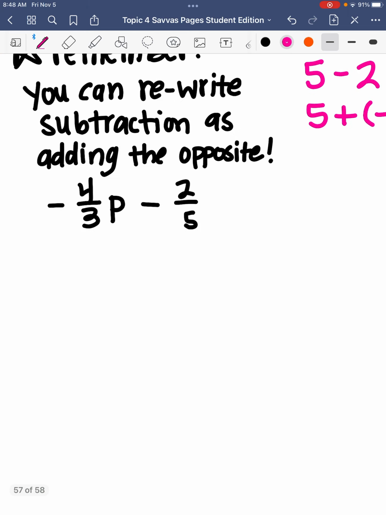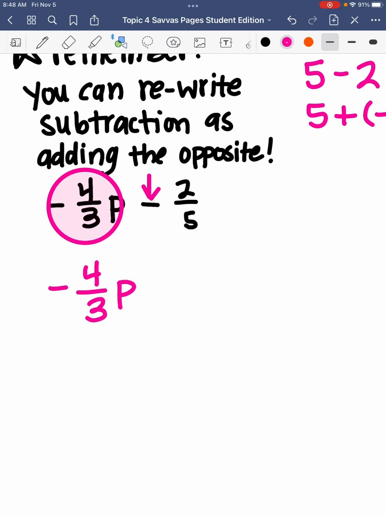I sure can. In this case, I'm going to keep the first term just as it is, so negative 4/3 p. I'm going to change this subtraction to addition. So I'm now adding. And then I'm going to change this 2/5 so that it's the opposite, which means it's just negative.